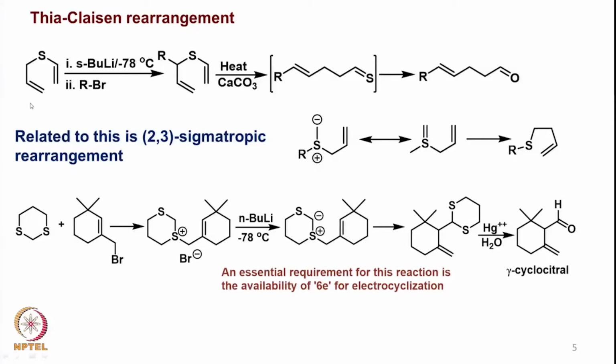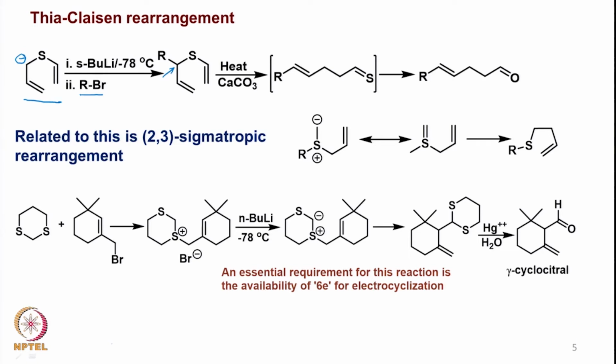Now we have a Thia-Claisen rearrangement, where instead of Aza-Claisen rearrangement, if we have a thia molecule of this kind here, then we will have the possibility of deprotonating a proton from here, and then if we react with RBr, we can introduce here an R group, an alkyl group, or any such carbon-carbon bonded species.